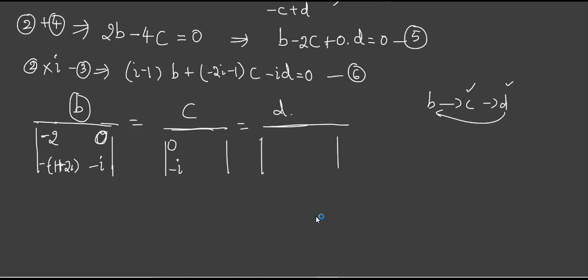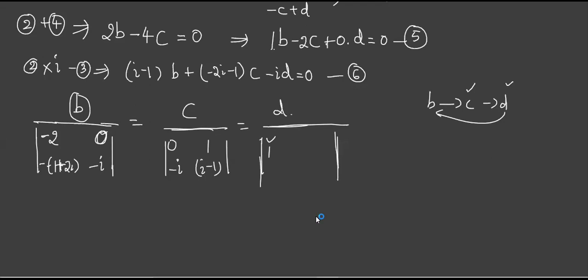Now you should write it for C. D is done, so now you should write B. What is the coefficient of B here? 1. And here? i minus 1. Now for D, can anybody tell me what I have to write first? Coefficient of B, and then C. What is the coefficient of B?